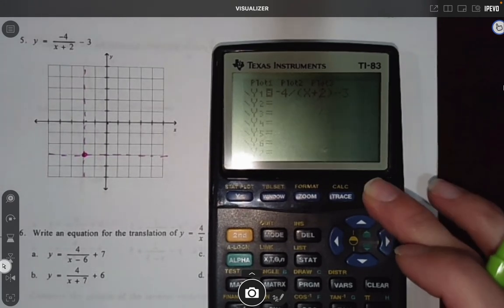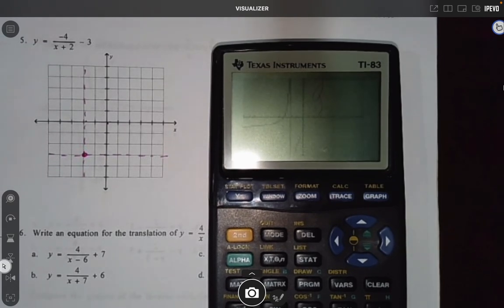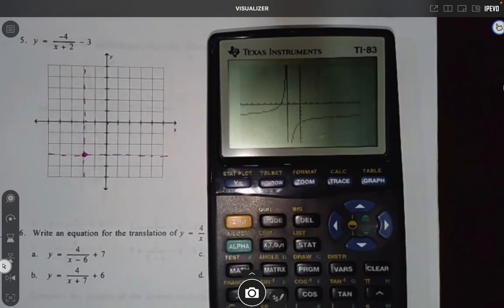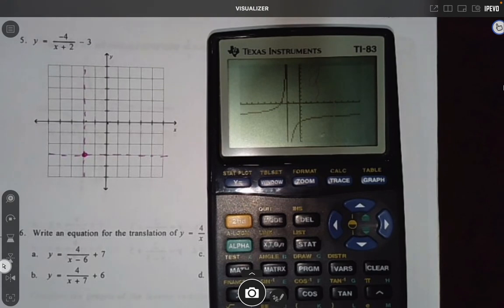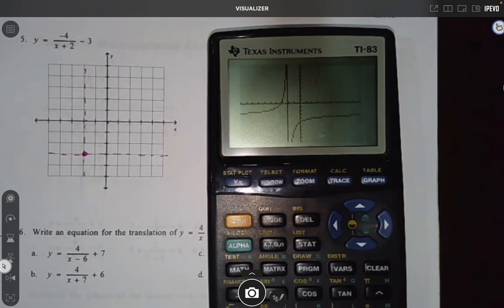And then when we press graph, there it is. You can ignore the line straight up and down. It drew one of the asymptotes, okay? And do y'all see that it's flipped because of the -4, that negative sign?